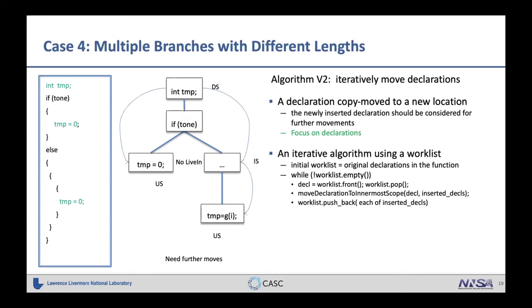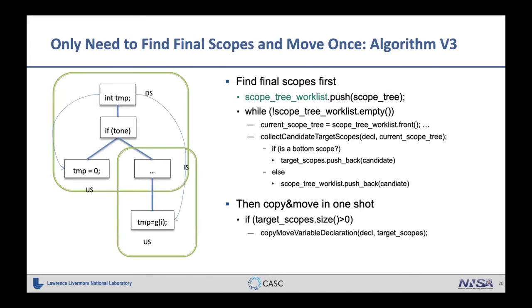But we found that this version of the tool is not efficient because we had to move things around a lot. So finally, we realized that we don't actually have to move variables for each iteration. We only need to find the final target innermost scope for each variable declaration to be moved into.